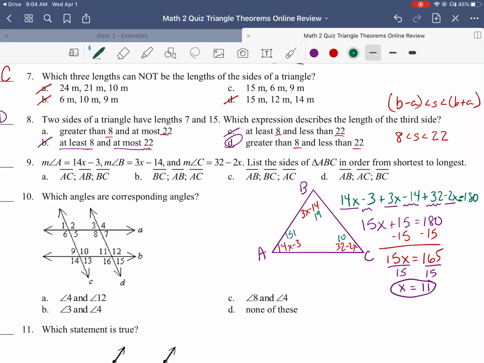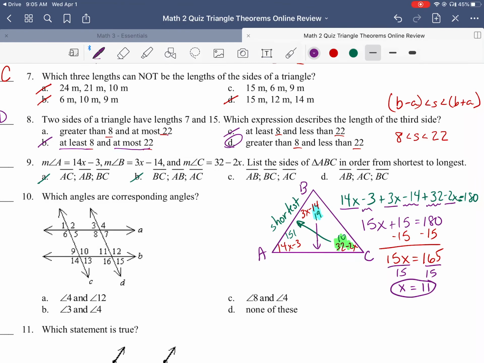So now that I have my angles, I can figure out which side is the shortest. The smallest angle is 10, which is directly across from AB. So AB is my shortest. Okay. Next is 19. Directly across from 19 is AC.